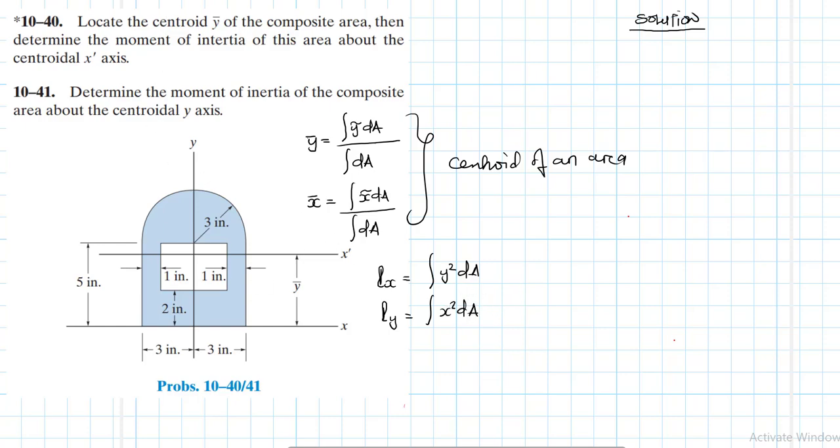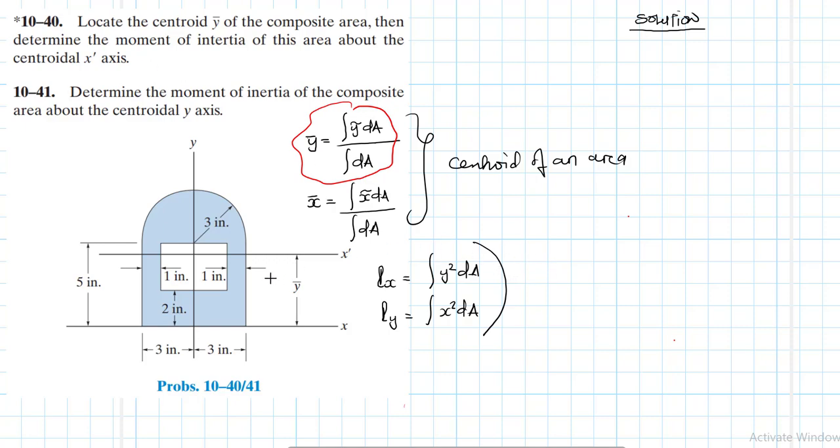All right. So basically, these are the formulas that we're going to use for finding centroid y bar along the y-axis. And for finding moment of inertia, we'll use these formulas, but not integrating per se. Instead, we are going to be summing up the moments.